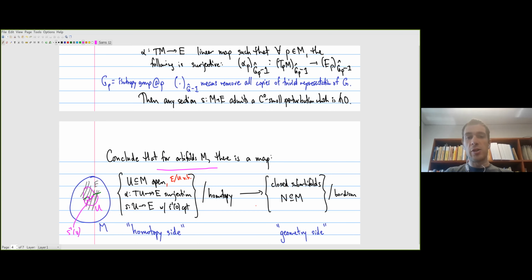Okay, so then there's a map. Wasserman tells us that there's a map here, because using alpha, we can perturb the section S to be transverse to 0, and we get a closed suborbifold. We make its zero set transverse. It's a closed suborbifold of M, and it's well defined up to bordism.